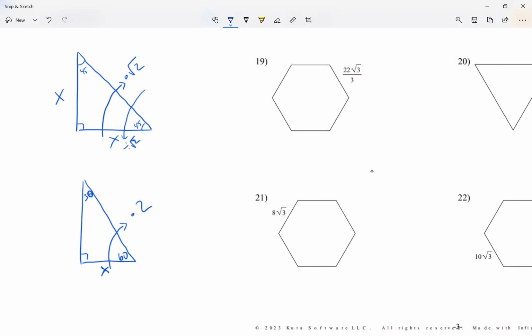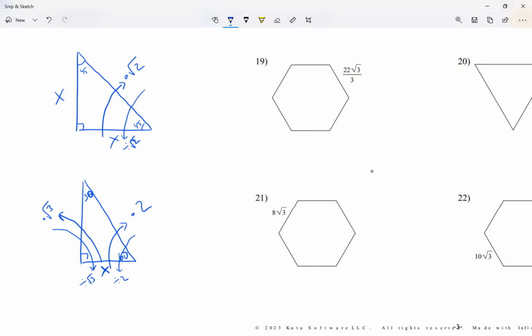And obviously, if I'm going from the hypotenuse to the small side, I divide by 2. Now, if I'm going from the small side to the medium side, I multiply by square root of 3. And if I'm going backwards, I divide by square root of 3. Okay, so make sure you guys remember those.